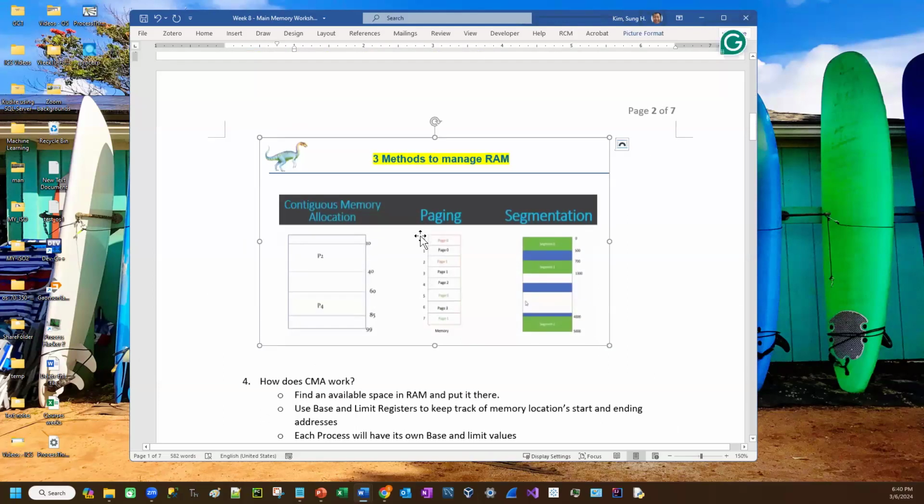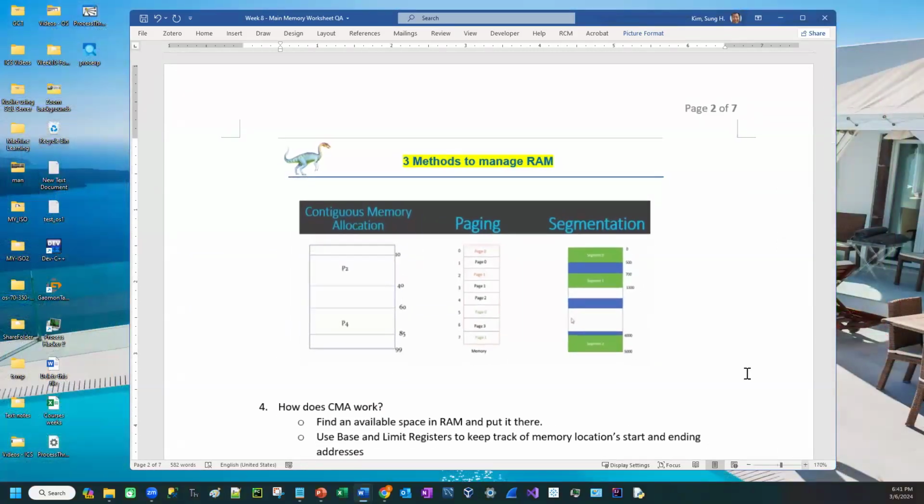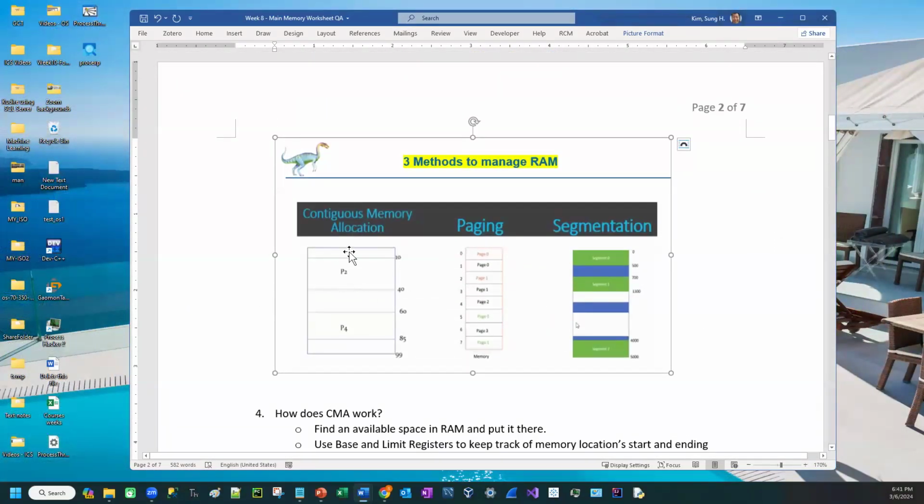So here is a picture of those three things. As you can see, the contiguous or the CMA puts the process P1 here. This is the RAM here, right? And these numbers don't mean a whole lot, other than maybe the 0 is the beginning of the RAM available space, not counting the OS portion of it. But anyway, when P1 comes in, we'll put it here, and then P2 and P3 and so forth.